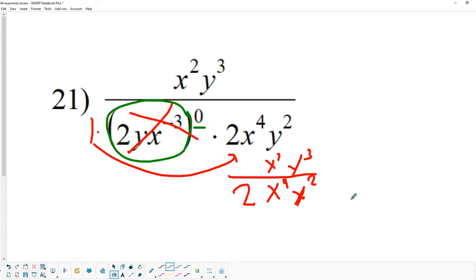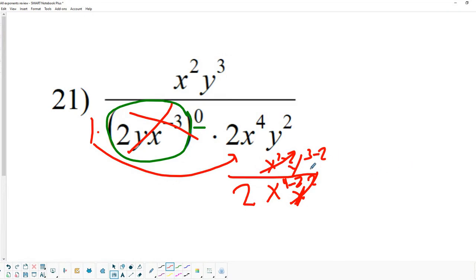Alright, so if I look at this, the y values, I have a smaller y value on the bottom than I do on the top, so I'm going to move that up and subtract it from the 3. And I have a smaller x value on the top than I do on the bottom, so I'm going to subtract that 2 off the top, bring it down and subtract it from the bottom.